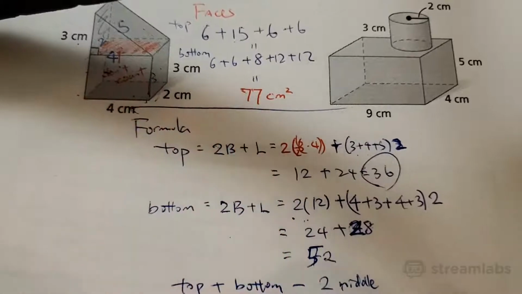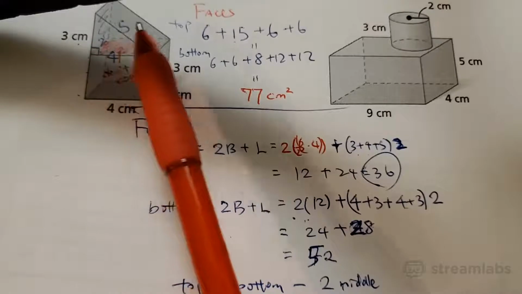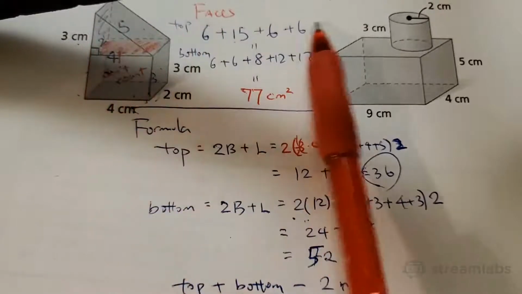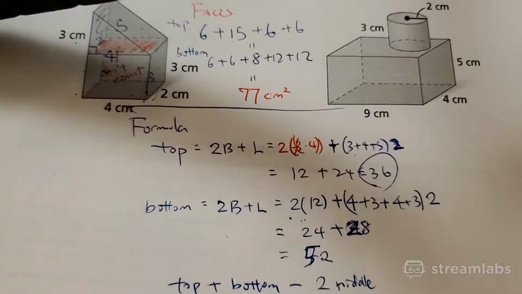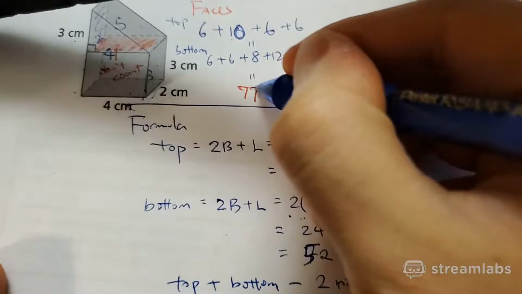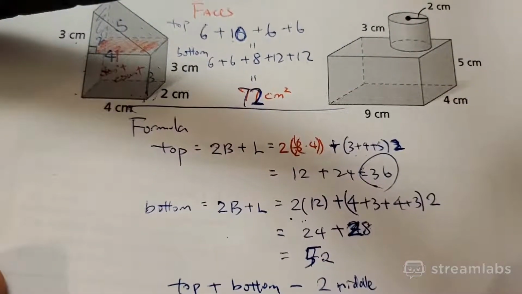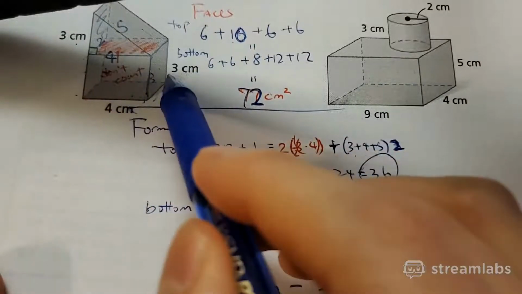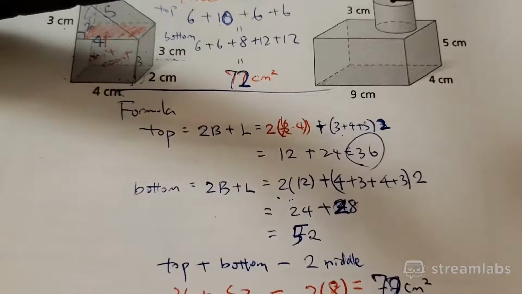And then 6 twice. That's right. This part is 6, 6, 5. Oh, here. This is 10. So this is 72. 72 is right. This is 10 because it's 5 times 2. Okay, I thought this is 5 times 3. But it's 5 times 2. Okay, so 72 is correct.